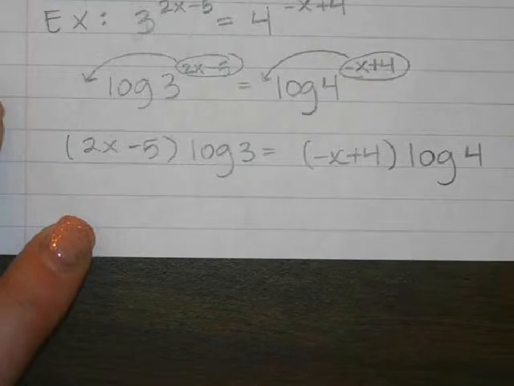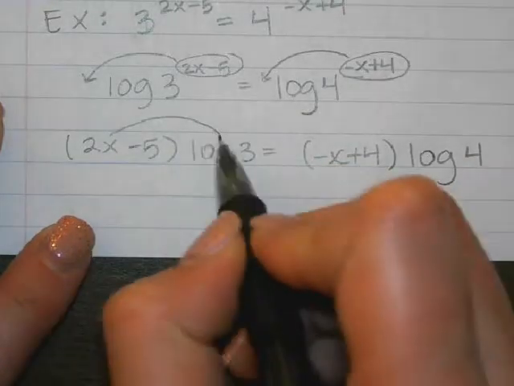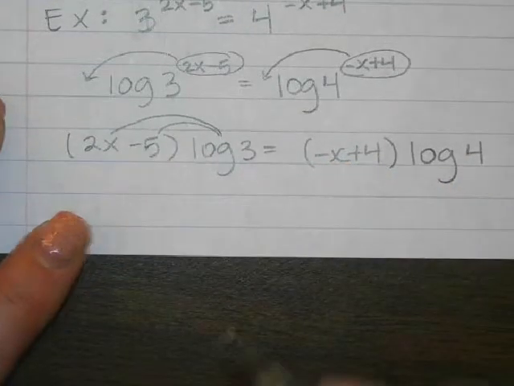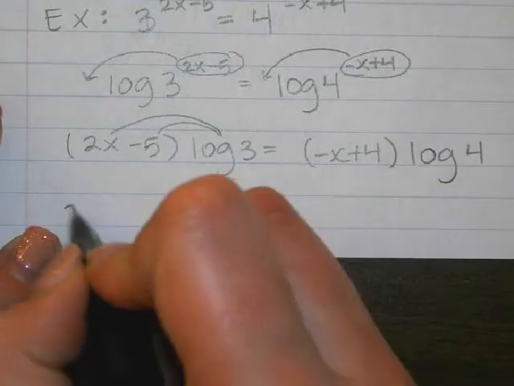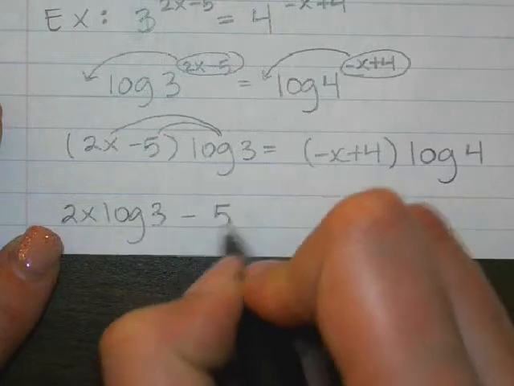Okay, what do we do to get rid of parentheses? Distribute, yeah. So we're going to take that log 3, we're going to distribute to both terms. So the way that I write it is I say 2x log 3 minus 5 log 3.